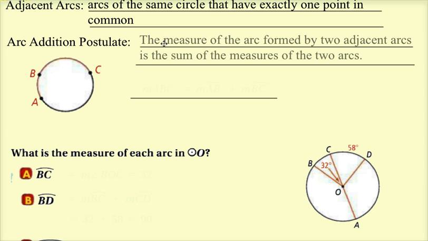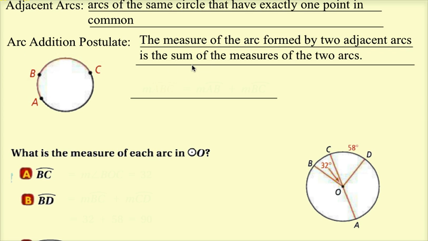And arc addition postulate means the measure of the arc formed by two adjacent arcs is the sum of the measures of the two arcs. Okay, so if I know arc AB and I know arc BC, I can just add them together to know arc ABC.